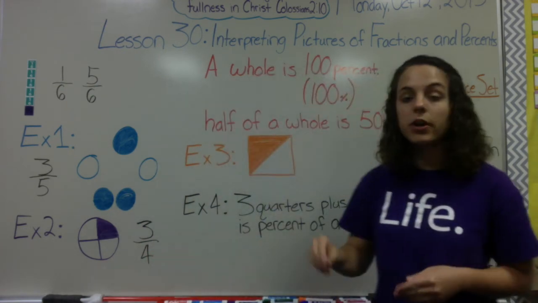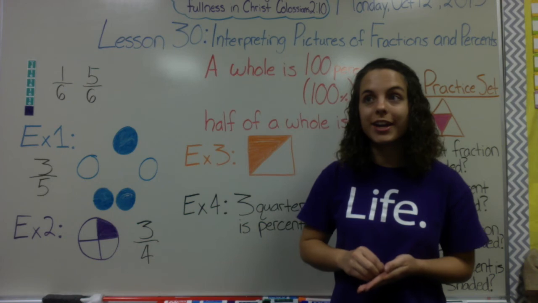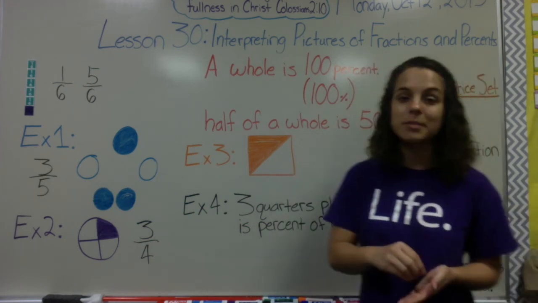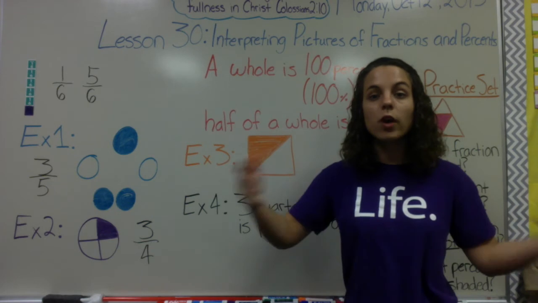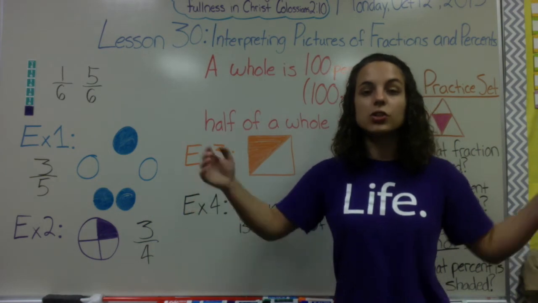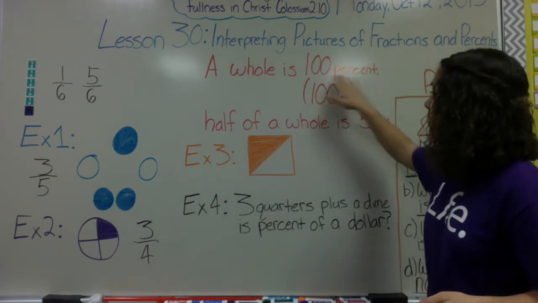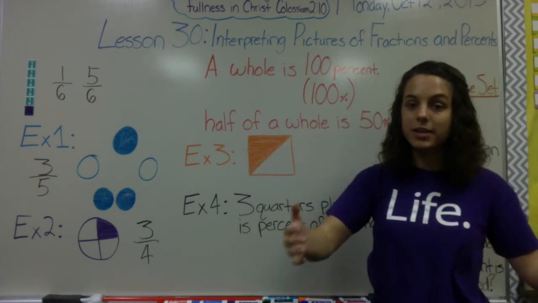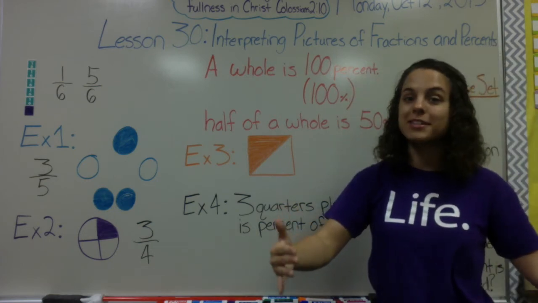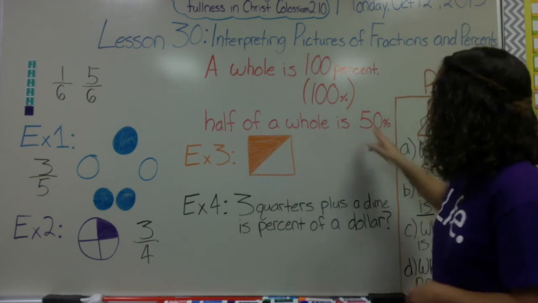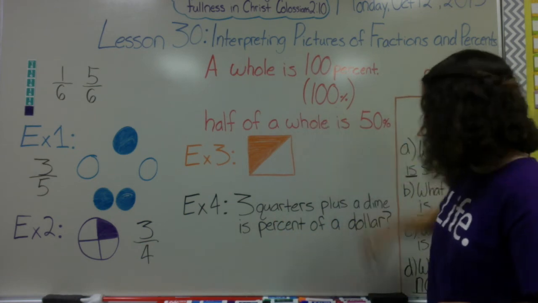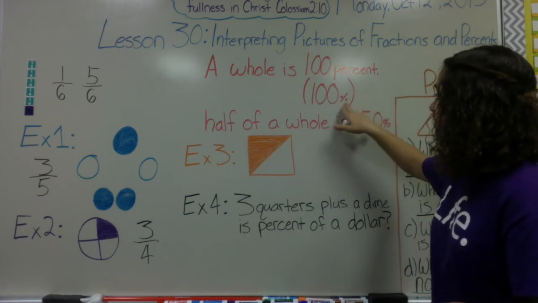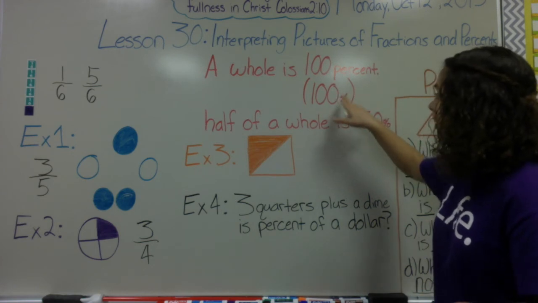Now, a key word which we learned over in investigation 2, or we reviewed, is what percent means. Percent means out of 100 altogether. So a whole is 100%. If I were to have a whole pizza, I would have 100% of my pizza. This is how we write it. We have 100, and our percent sign is we draw a slash, and then we have 2 dots, one on either side.